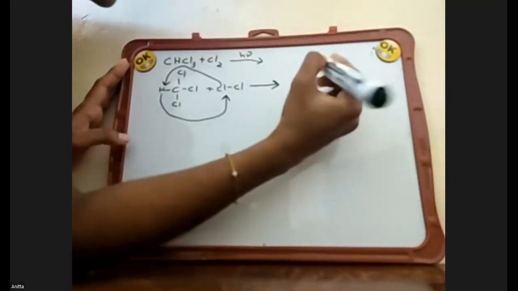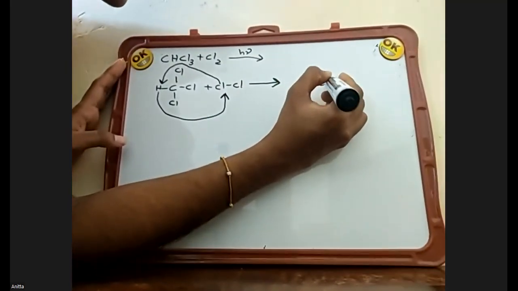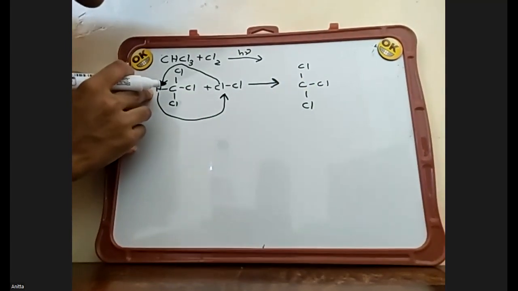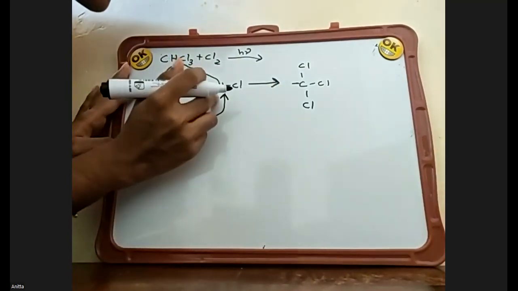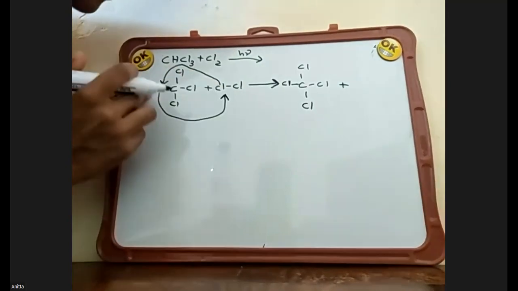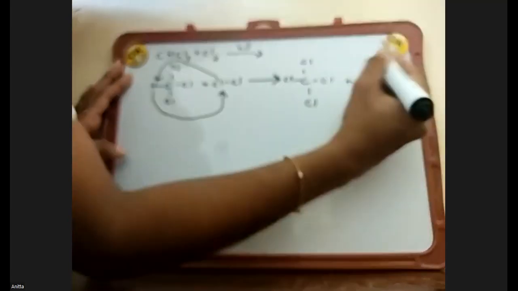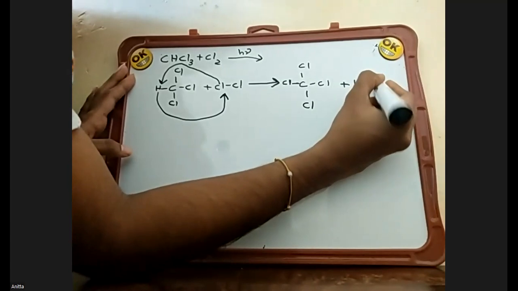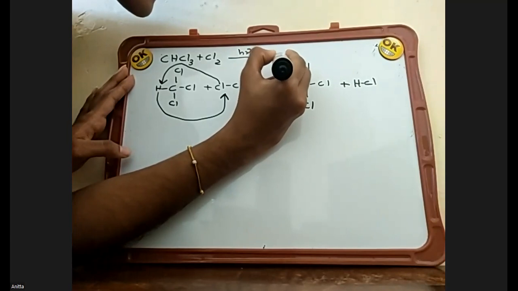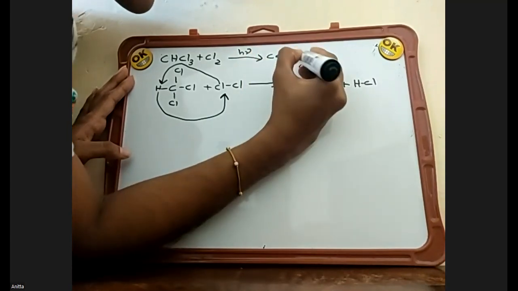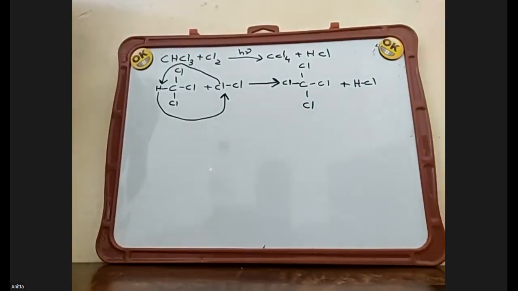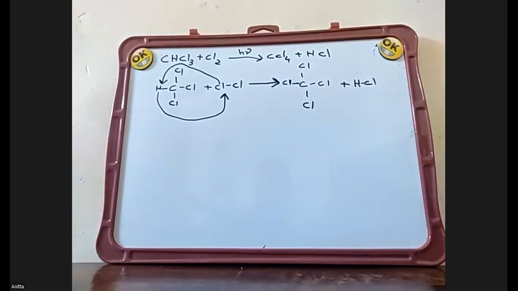So we write carbon with 3 Cl and we write here a Cl. Now in this side we can write hydrogen goes to this side. So we write HCl. So in this reaction we write CCl4 plus HCl. This is an example for a substitution reaction.